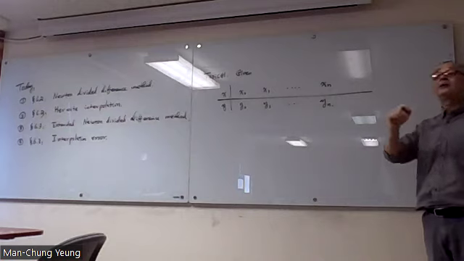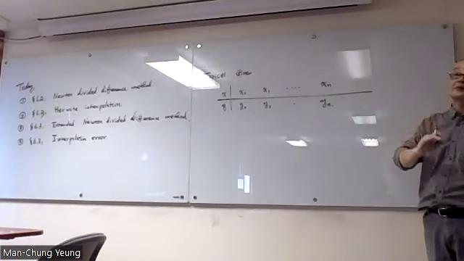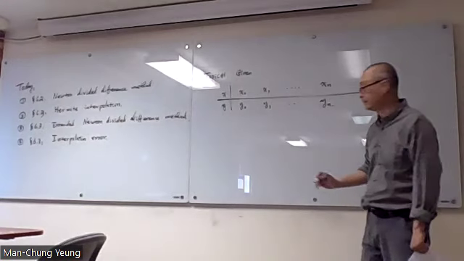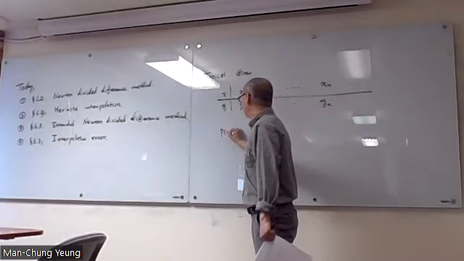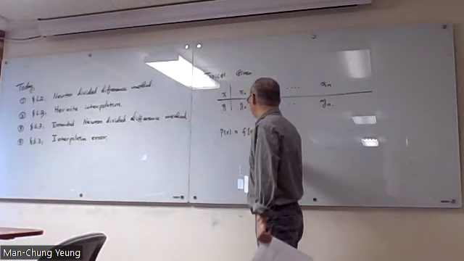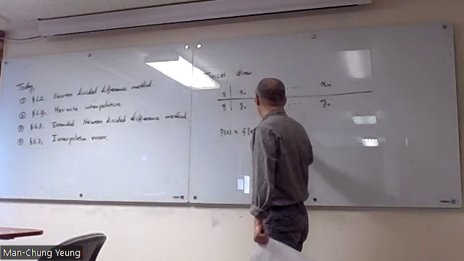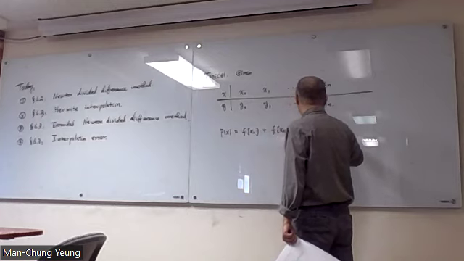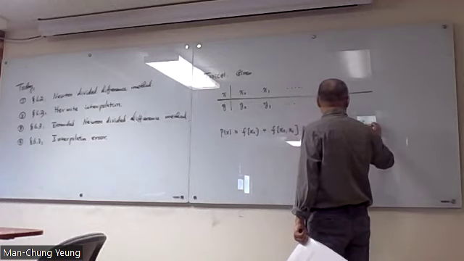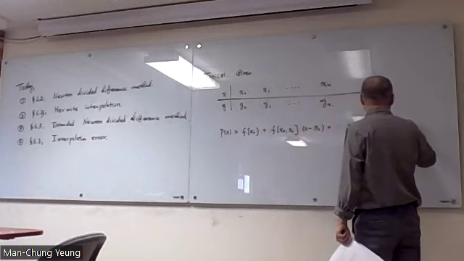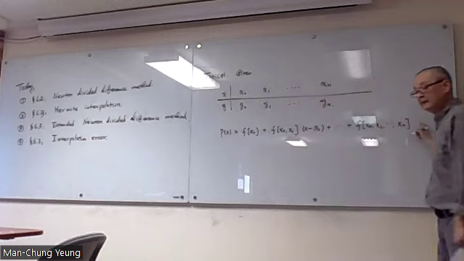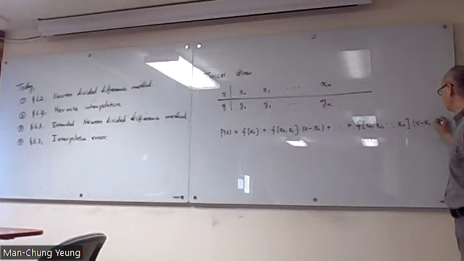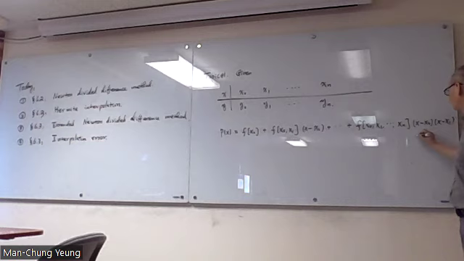In Newton interpolation form, the polynomial can be written as f[x0] plus f[x0, x1](x minus x0) plus and so on, up to f[x0, ..., xn] times (x minus x0)(x minus x1) up to (x minus x(n-1)), not xn, x(n-1).